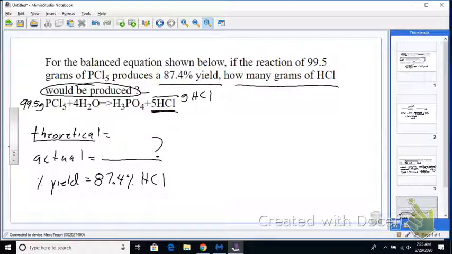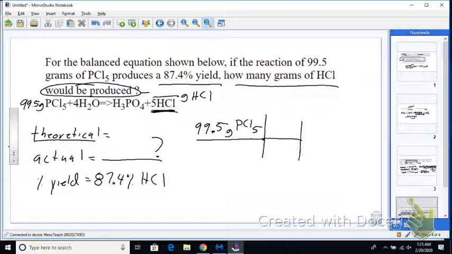Just another mass to mass. Seems like we do these all the time. And hopefully you know the steps, because they're the same for each one, just different numbers, different ratios. So we're going to go 99.5 grams of PCl5. And we're going to give you the molar mass of that.